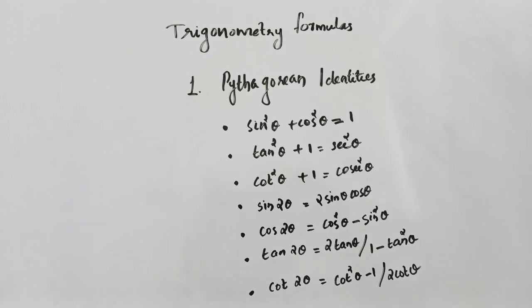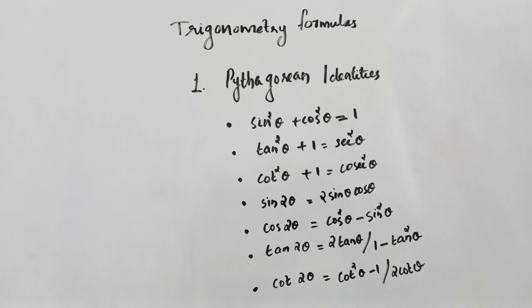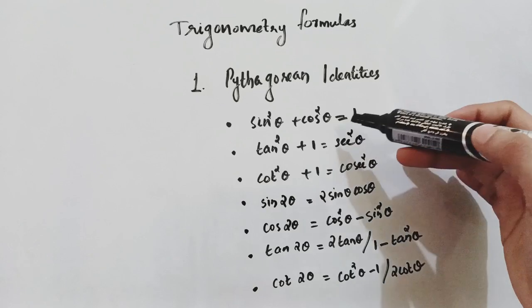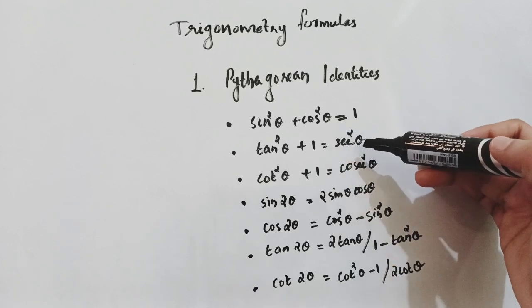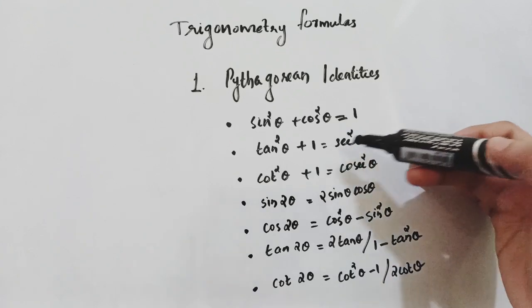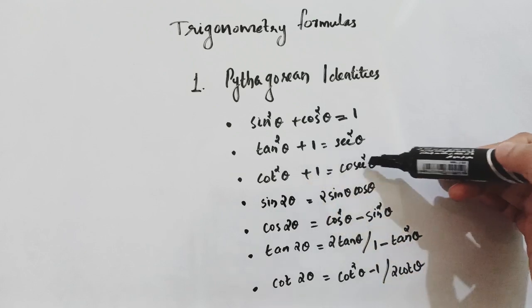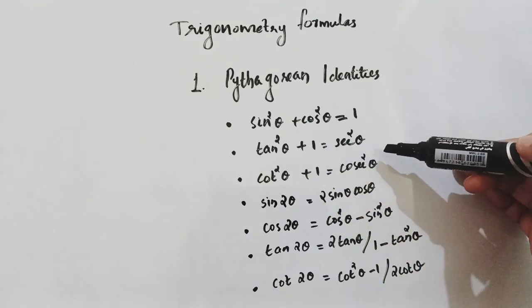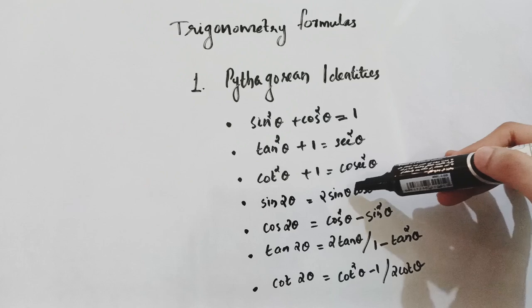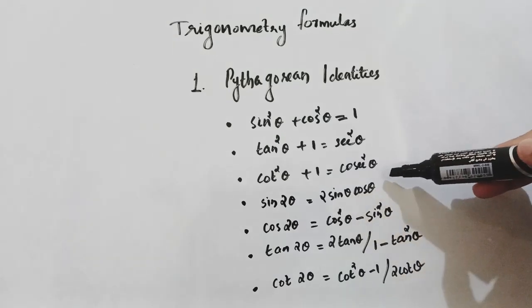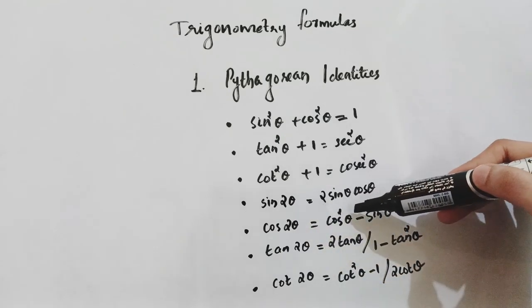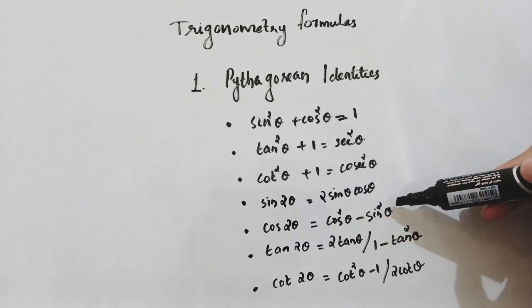First one, sin square theta plus cos square theta equal to 1. Then tan square theta plus 1 equal to sec square theta. Cot square theta plus 1 equal to cosec square theta. Sin 2 theta equal to 2 sin theta cos theta. Cos 2 theta equal to cos square theta minus sin square theta.